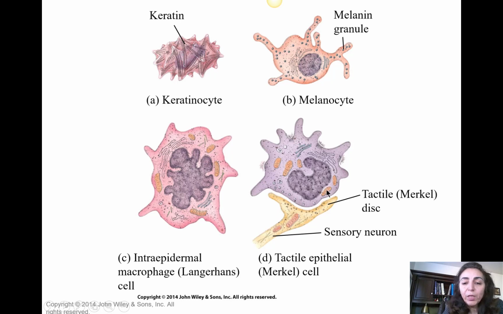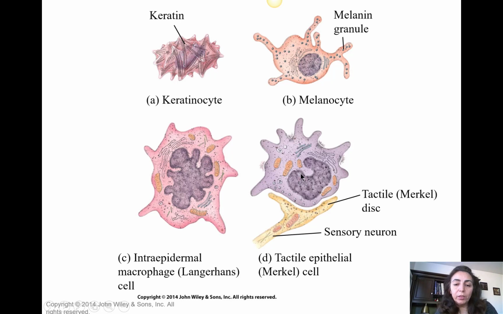As you look at here, these tactile epithelial cells are close to a sensory neuron. This is part of a neuron that is called tactile disc. This is the beginning of a sensory neuron.